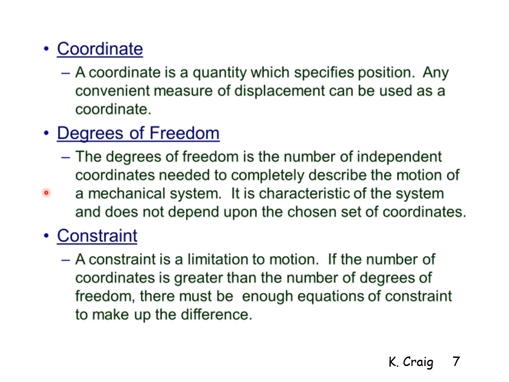A rigid body in space has 6 degrees of freedom. So the jump from plane motion to three-dimensional motion is not just adding another degree of freedom, it's doubling the number of coordinates needed to completely specify the motion of a system.